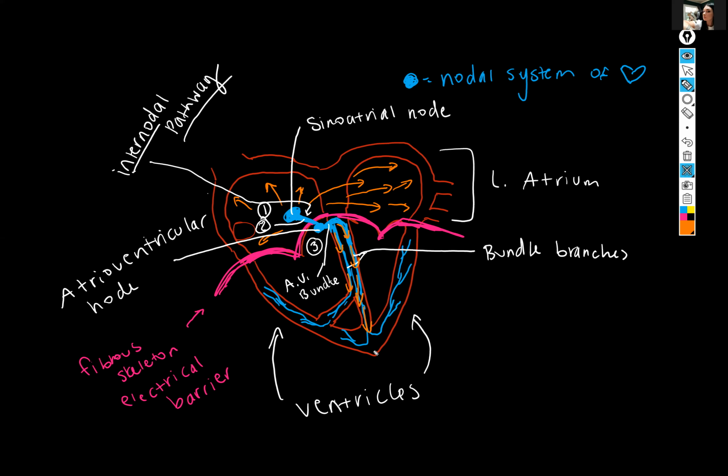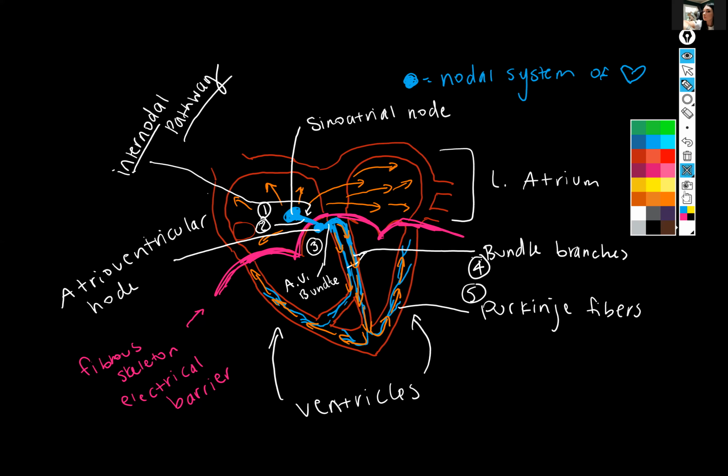So the interventricular septum depolarizes first, and then the signal turns around at the apex of the heart to spread up the Purkinje fibers. So let's do 4. Wow, that was not good. Let's try that again. 4. And then the Purkinje fibers are number 5.